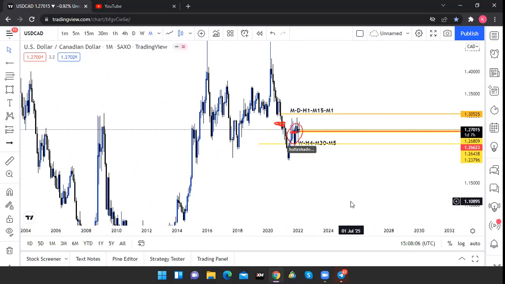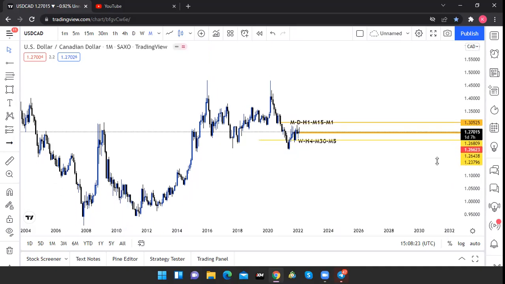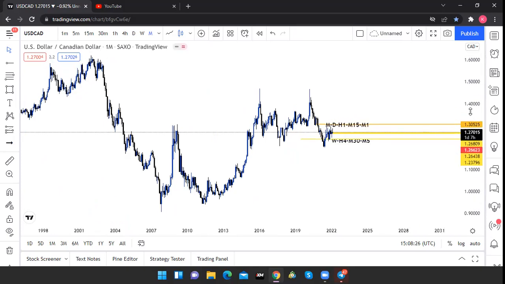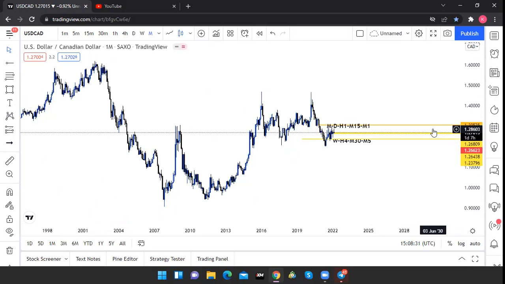So the solution I gave him is, if we are confused whether to take the monthly as sell or buy, you just zoom out the whole picture and lock the time frame according to the overall move.